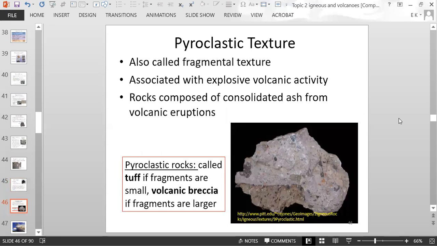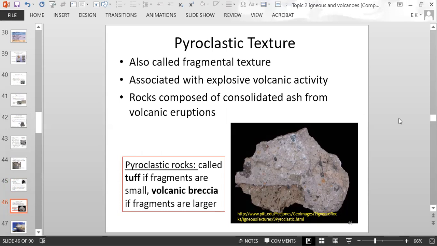Then we have a pyroclastic texture. This is also called fragmental. This type of texture is associated with explosive volcanic activity. Rocks composed of consolidated ash from volcanic eruptions describes what a pyroclastic texture rock is.